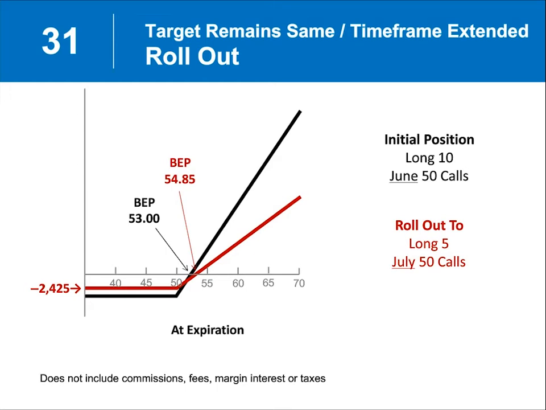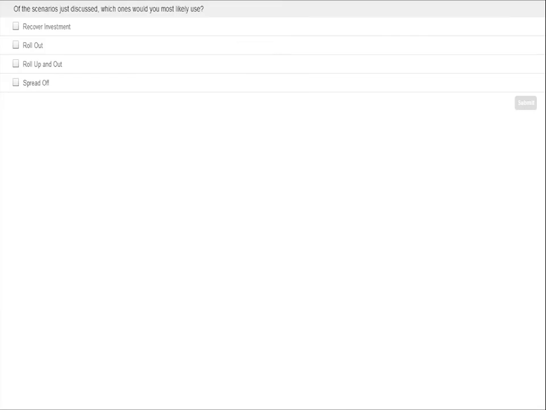And what we have coming up is a put section, and we're going to follow the same procedure and the same format as we did before, but we're going to look at it from the perspective of the puts, and we're going to go through our examples one by one. And again, in this case, let's go through our choices here. Which ones would you most likely use, or which ones would you be most interested to use?